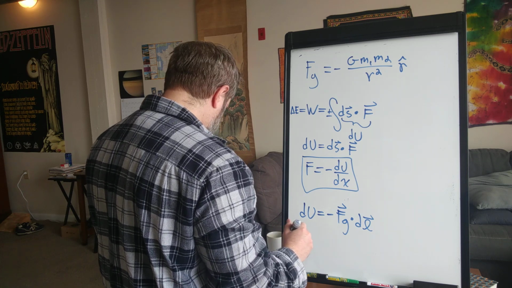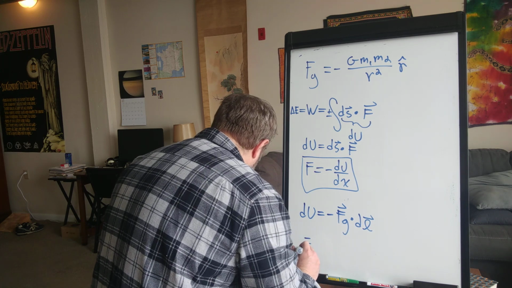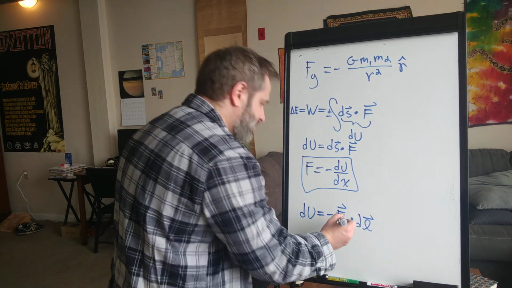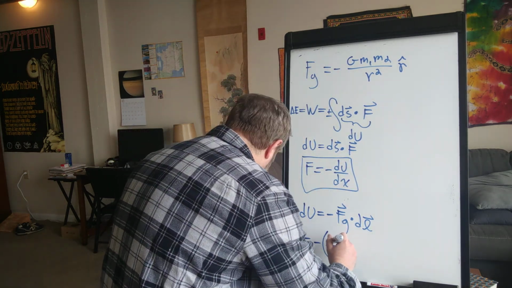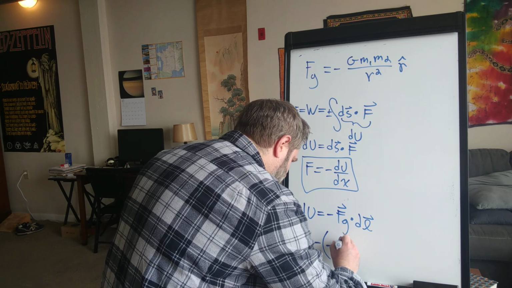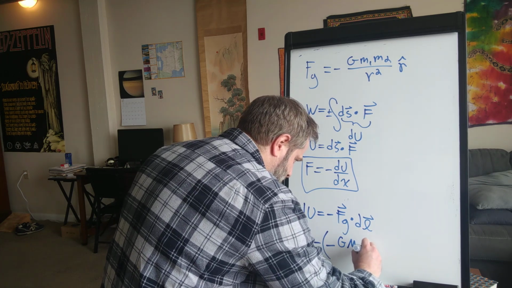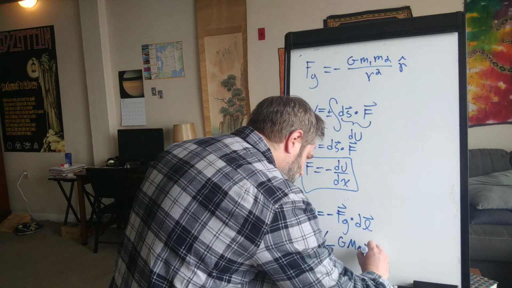So, yeah, I have enough room, I think. This equals negative, and then we get another negative because the force of gravity also has a negative in it. Again, all these negative signs can be quite confusing, but usually you can just look at your final results and know whether you've done the negative sign correctly or not.